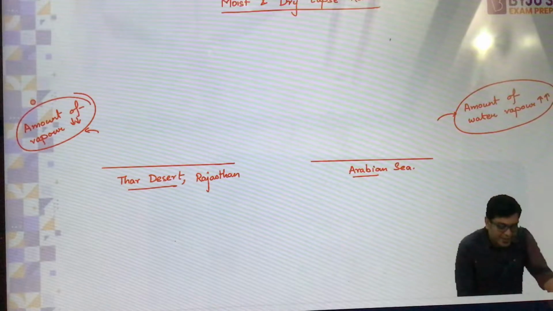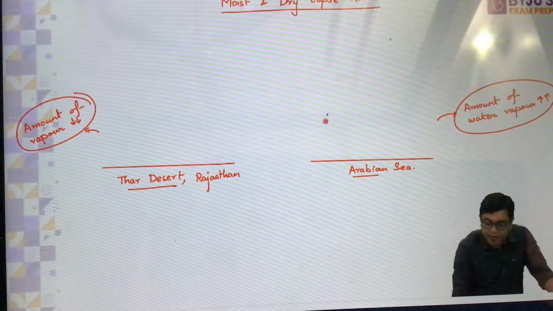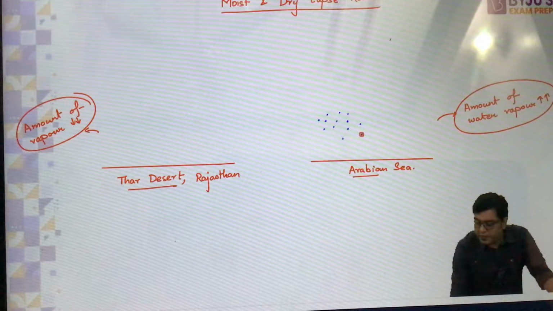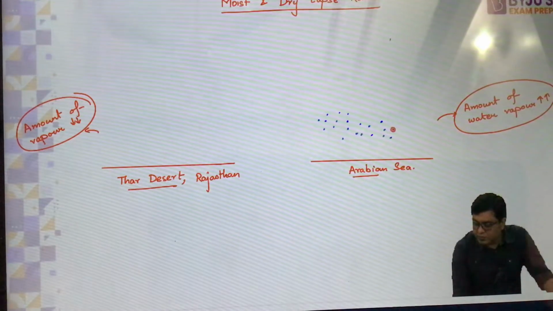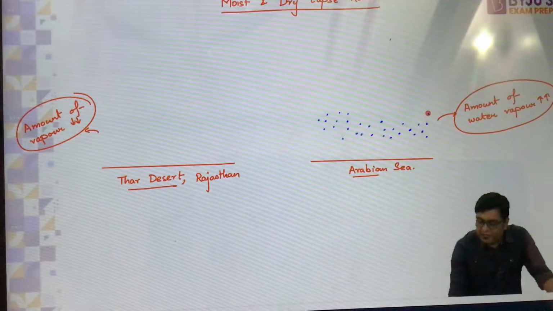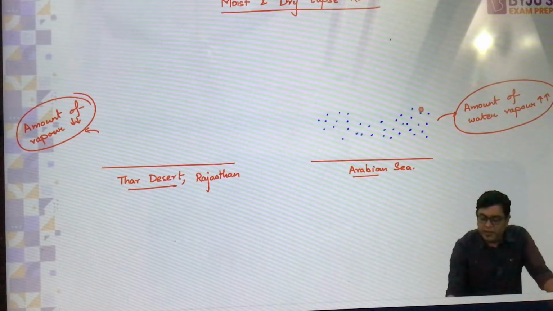Now, let's indicate the presence of water vapor by a different coloration pattern. Sarfaraz, we are not yet going towards the sun. When we go towards the sun, we'll let you know.